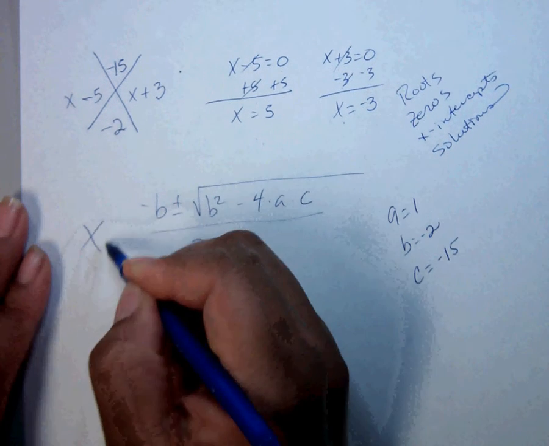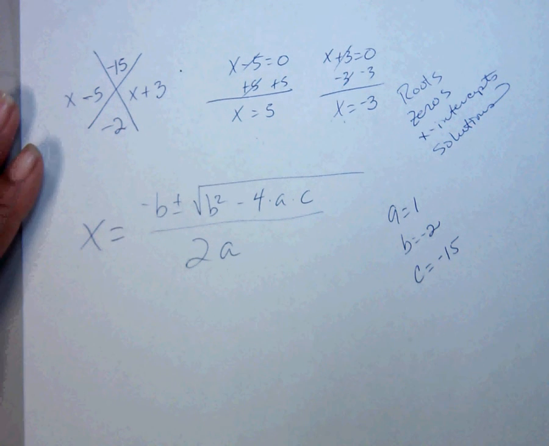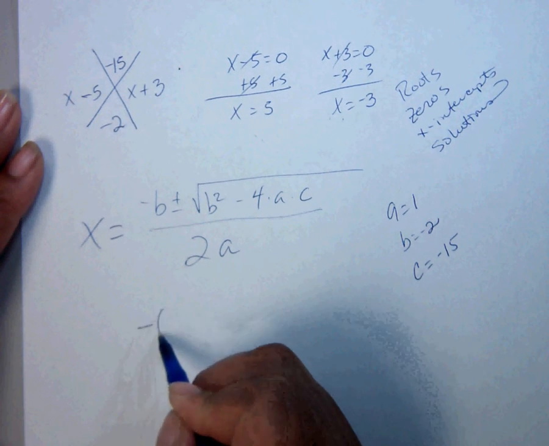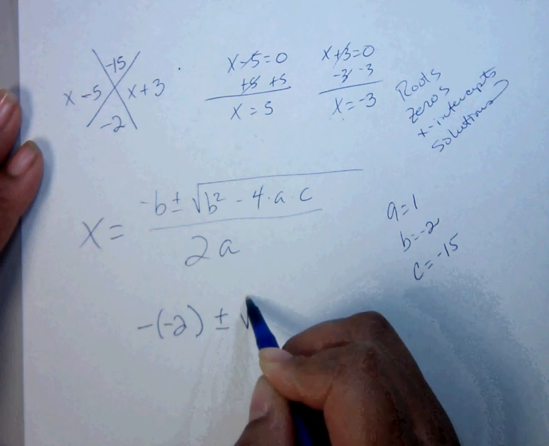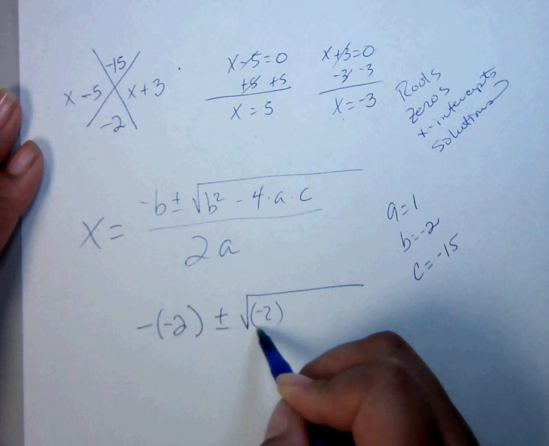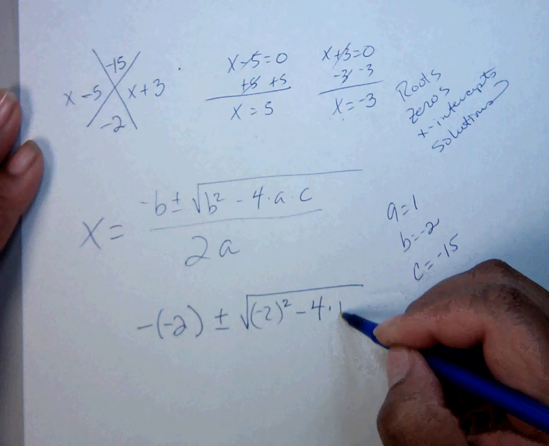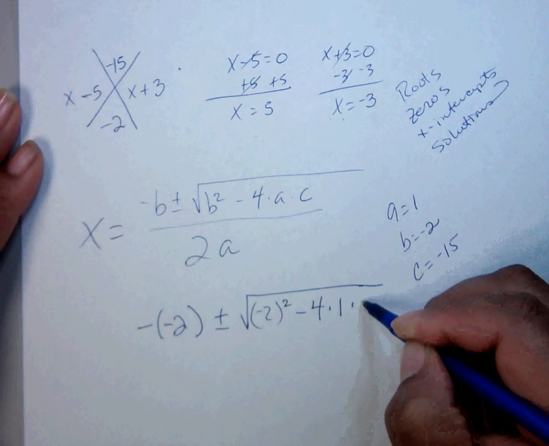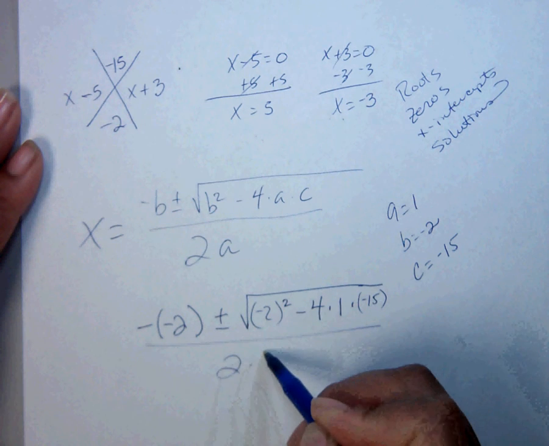We plug it in because this is x equals the x-intercepts. And we're going to do negative 2 plus or minus the square root of negative 2 in parentheses squared minus 4 times 1 times negative 15 all over 2 times a.